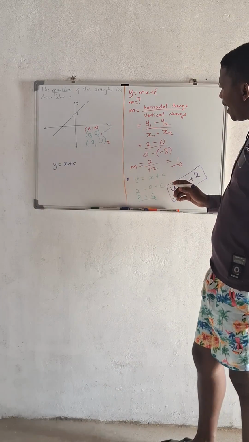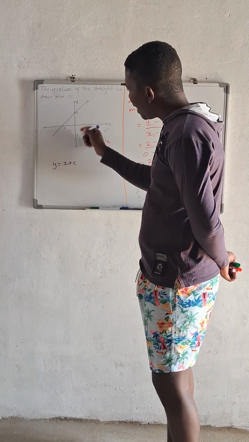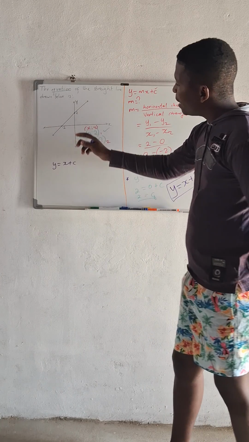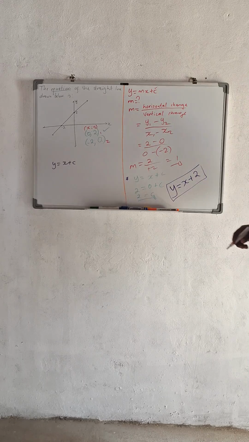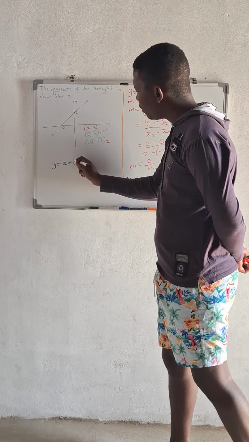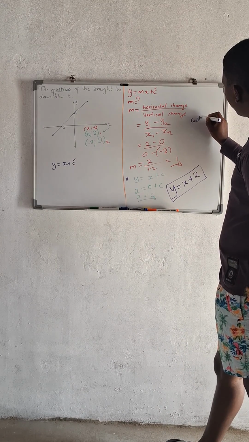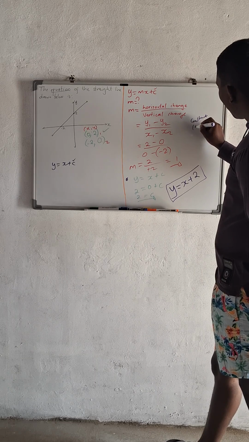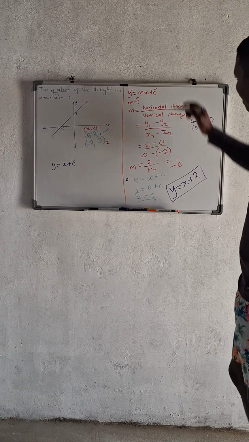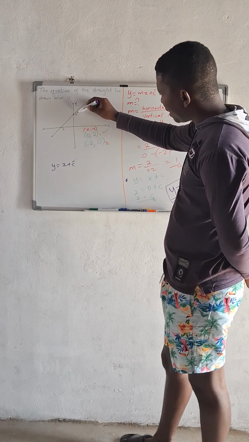You can use the y-intercept here, where the graph cuts on the y-axis. Where the graph cuts on the y-axis, that is your y-intercept. You check the value there. The value there is equal to what? Is equal to 2. That is your c. Remember, the constant for a straight line graph is our y-intercept. The constant here, this value where the graph cuts the y-axis, this value 2, is equal to the y-intercept.